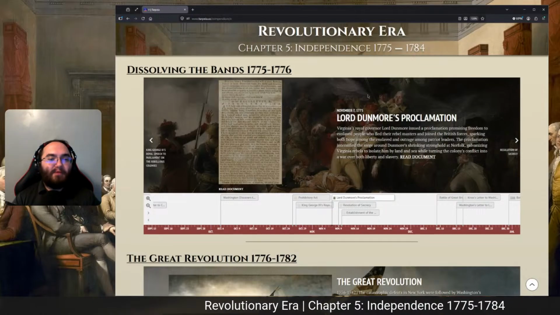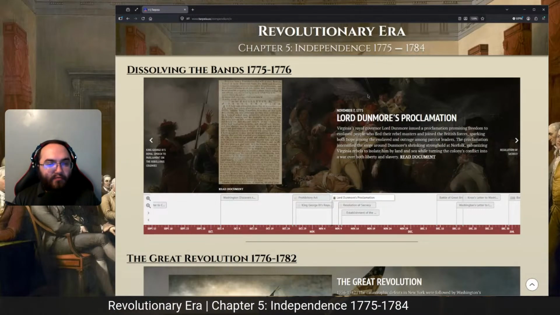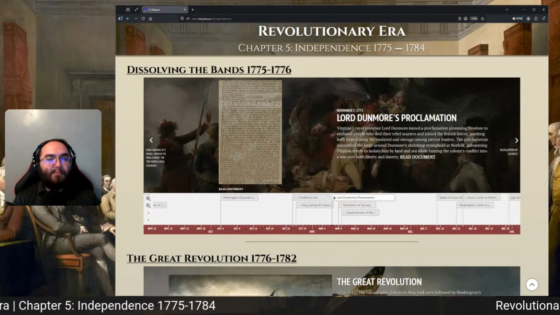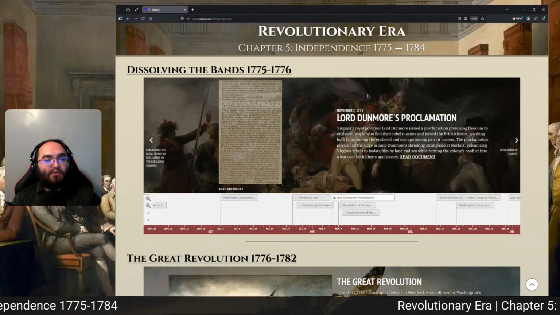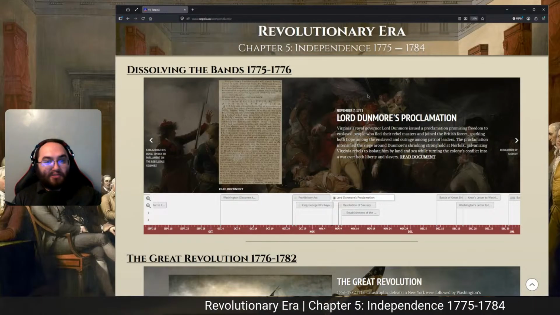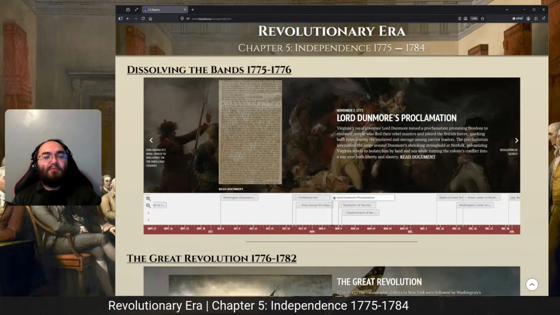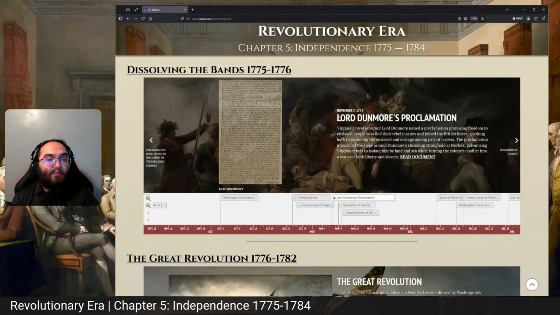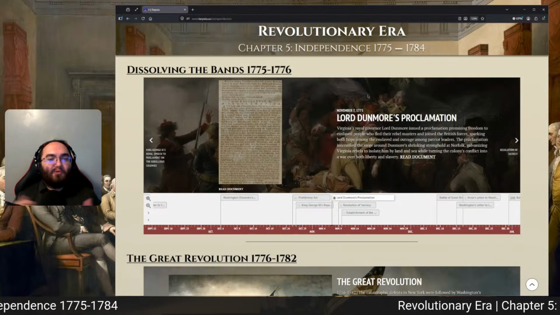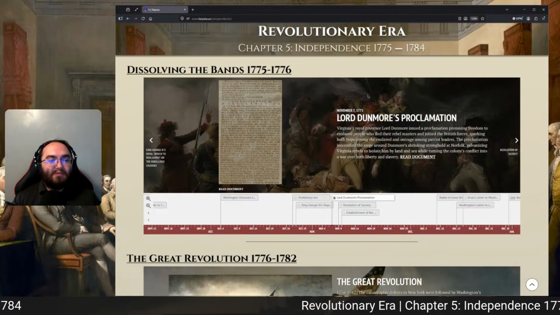Now, this did not mean that any slave could leave their master and fight for the British. Only the slaves who had rebel masters could escape their rebel masters and fight for the British. So, no, this does not end slavery or encourage slaves to leave their masters.